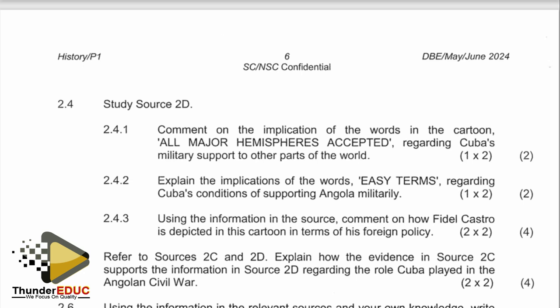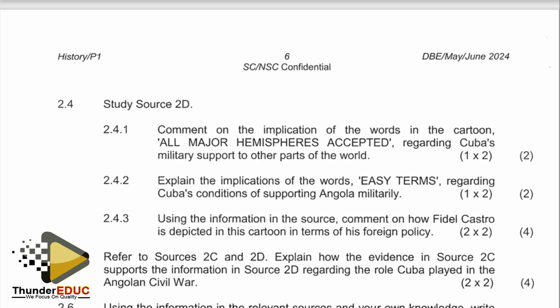Because remember, the world was divided into those two major hemispheres, the capitalistic world and the communist world. So if it's saying all major hemispheres accepted, it means Cuba was prepared to offer support to whoever was willing to be assisted.